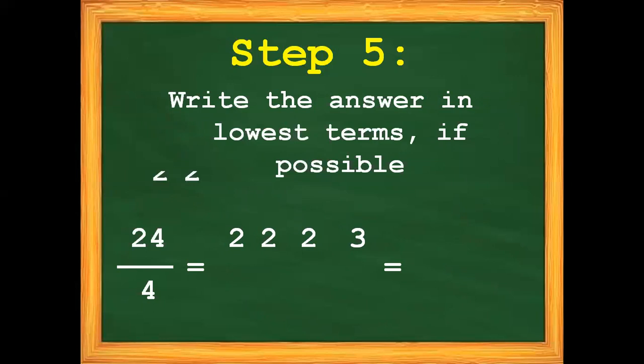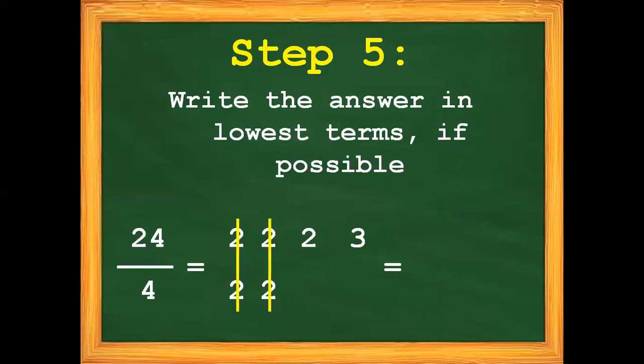How about 4? The prime factors of 4 are 2 times 2. So we need to cancel their greatest common factor, and that is 2 times 2. So the greatest common factor of this given fraction is 4.